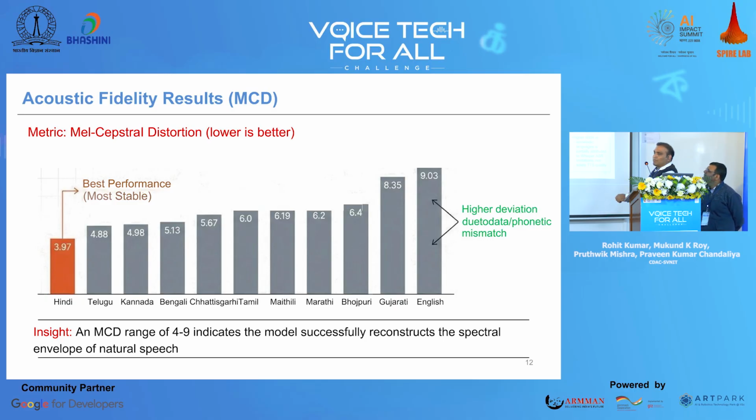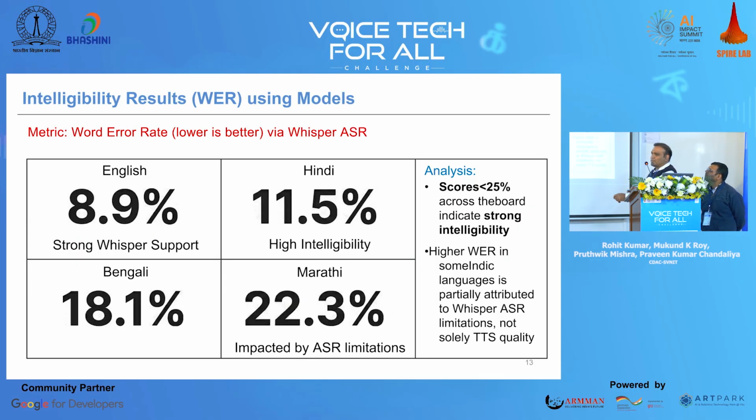And in another objective evaluation, we used Whisper ASR for calculating the word error rate, meaning intelligibility of the synthesized voice was measured using Whisper ASR. English obviously had stronger support, so 9% was the word error rate.